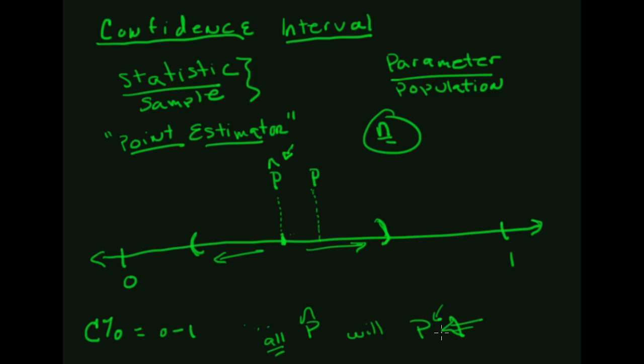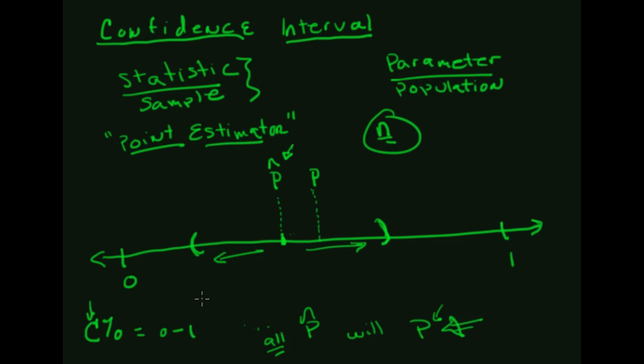Now, I can make this 100% confident. I just have to make the interval infinite in size. If I make the interval infinite in size, I guarantee you that it will contain the parameter. So as I decrease my confidence, the interval gets smaller and smaller.